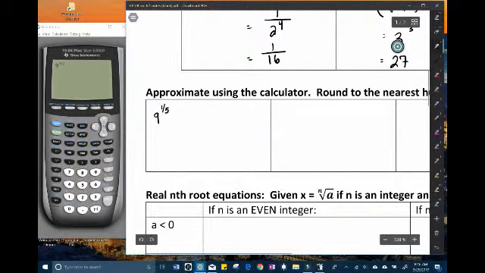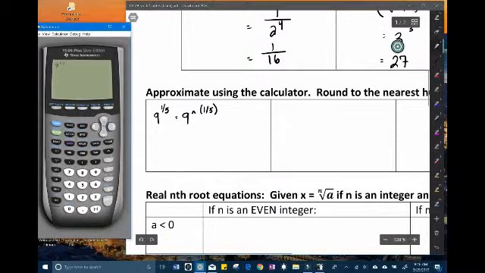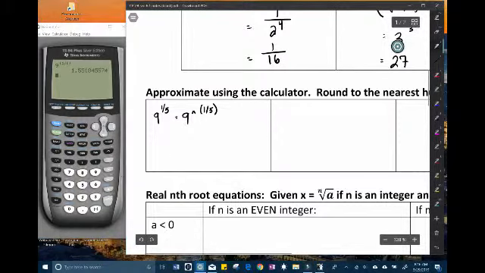So I'll give you the example here. 9 to the 1/5. Let's say we wanted to take that one. You do 9, you hit the little caret button, and then I like to put in parentheses the 1/5. 1 divided by 5, end parentheses, hit enter, and then you get 1.55. We're going to round to the nearest hundredth, so 1.55 works, and that's approximate.